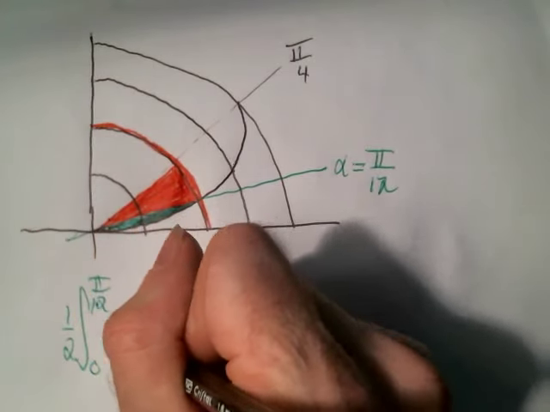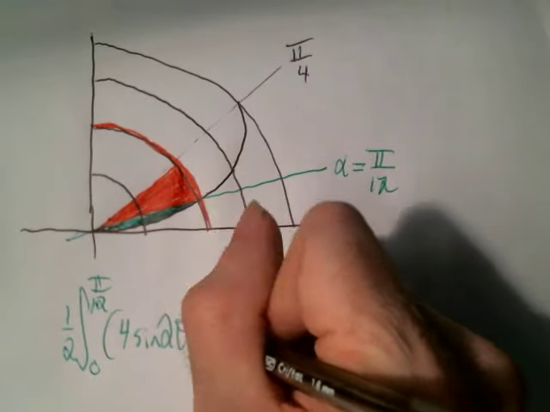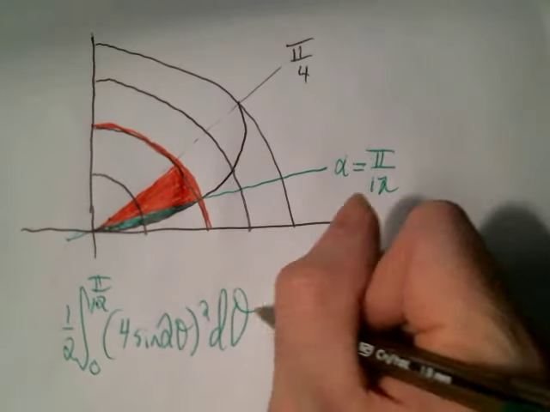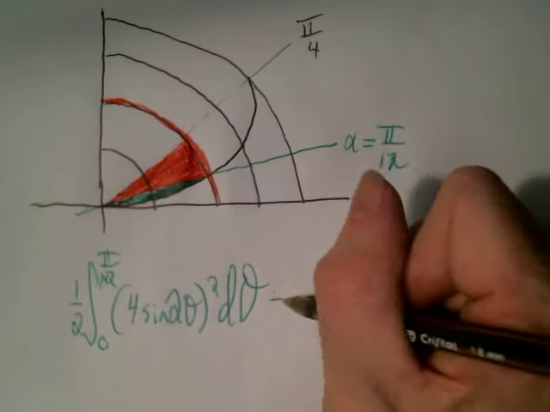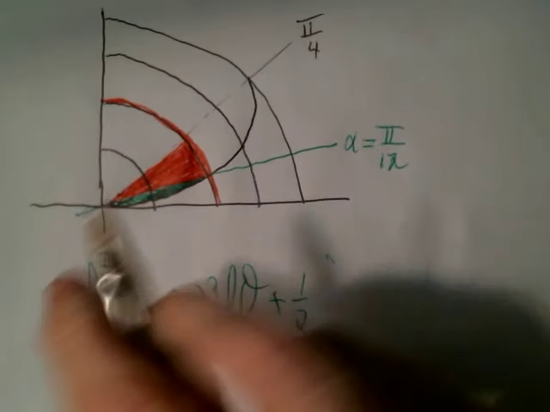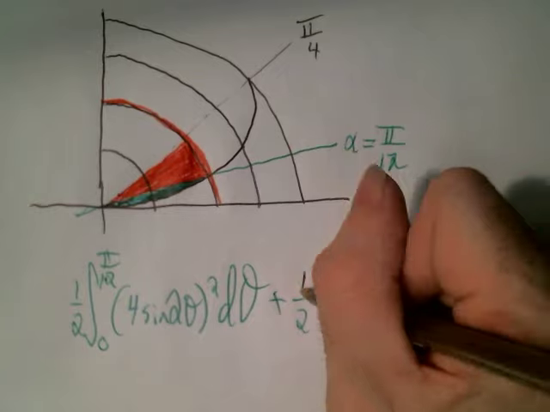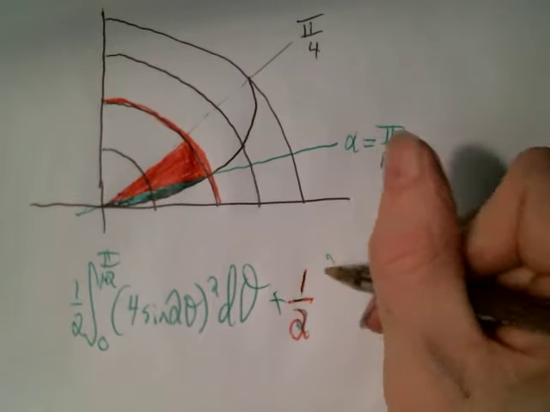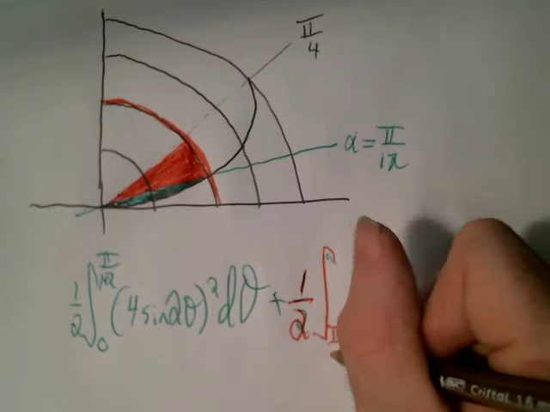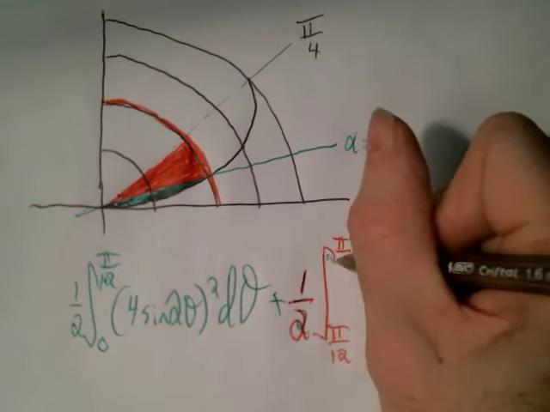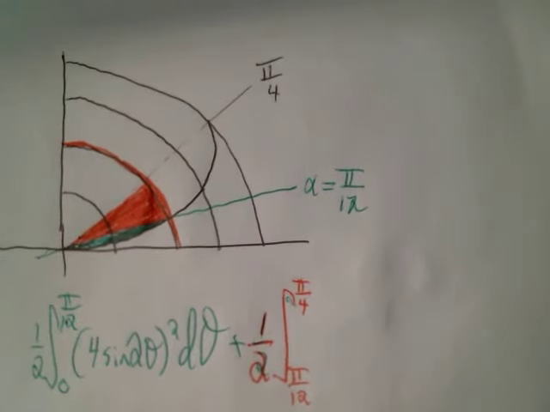And my r function was 4 sine 2 theta, squared, d theta. And then for the red part, it'll be 1/2 integral from pi over 12 to pi over 4 of the r function.